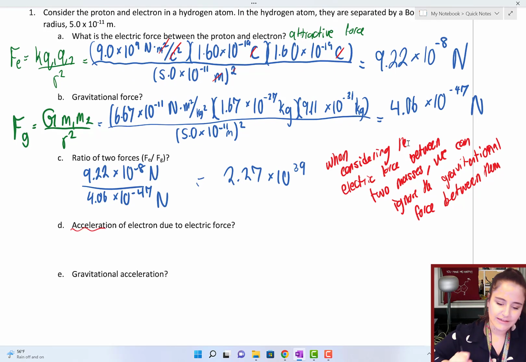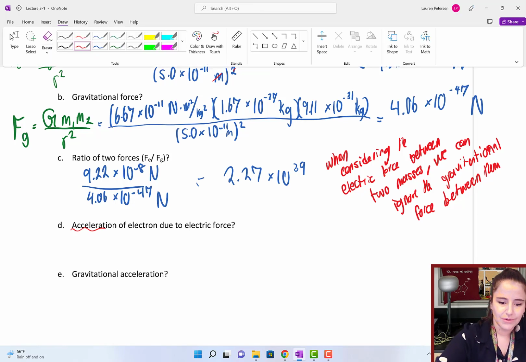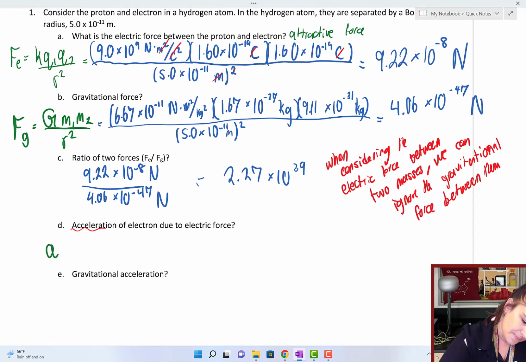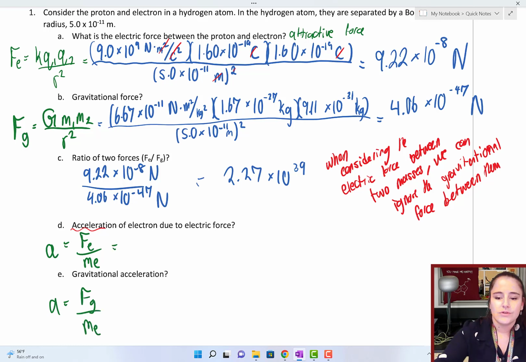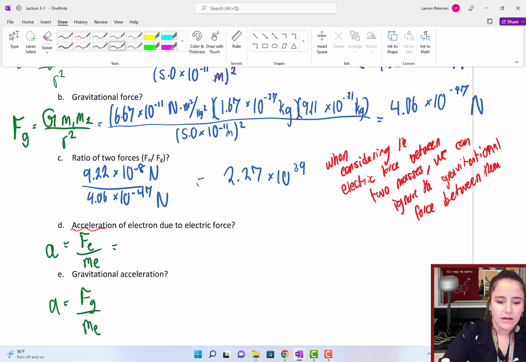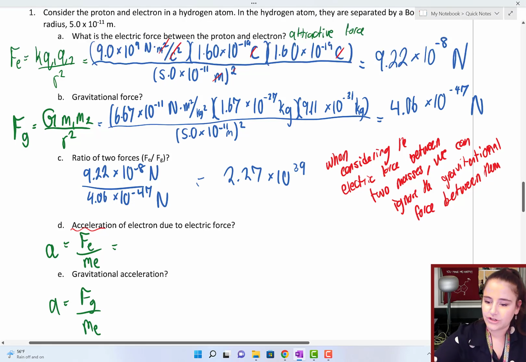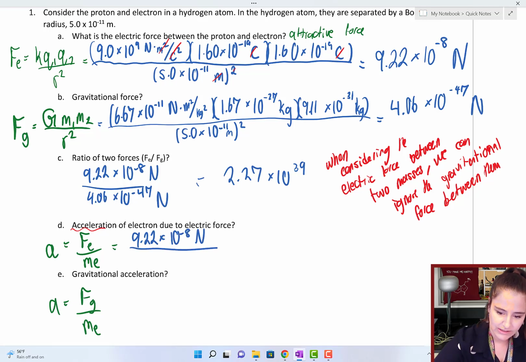If I wanted to solve for the acceleration due to that electric force, acceleration would be equal to the electric force divided by the mass of the electron, where here we'll do it as that force of gravity divided by the mass of the electron. So the acceleration due to the electric force would be 9.22 times 10 to the negative 8 newtons divided by the electron's mass, which is 9.11 times 10 to the negative 31 kilograms.